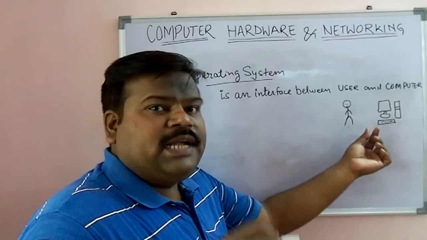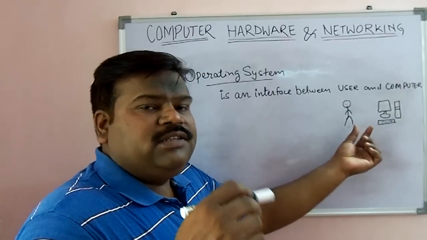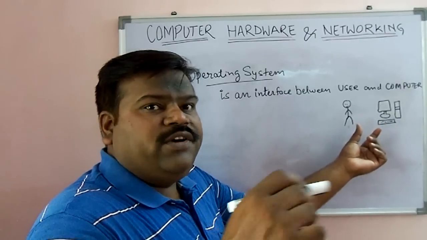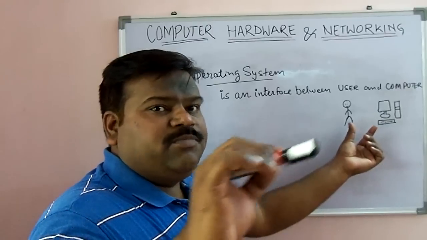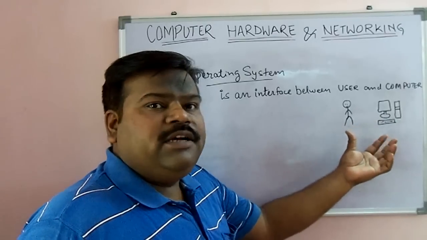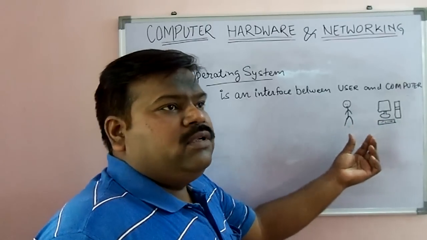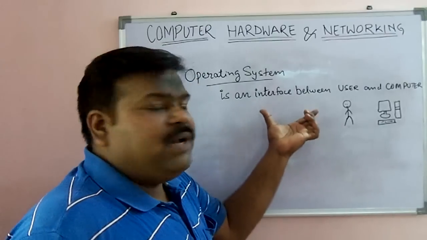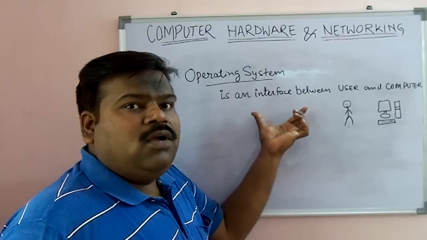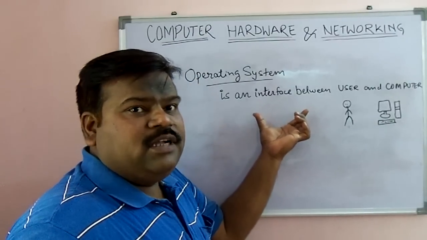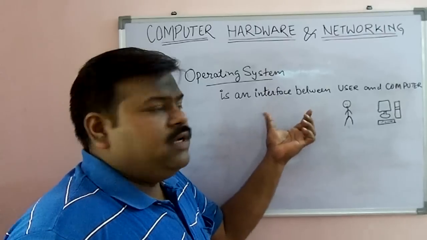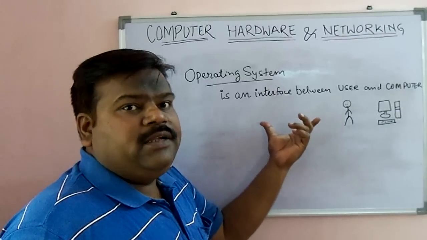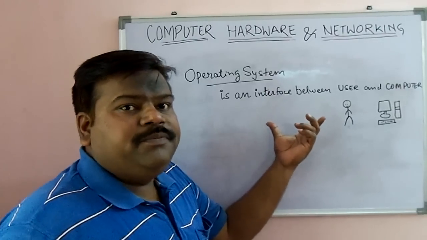The operating system understands and starts to interact with the hardware, that is the printer, and it gives the printout. So the operating system plays a very important role. It provides an interface between user and computer. It is a very important platform.